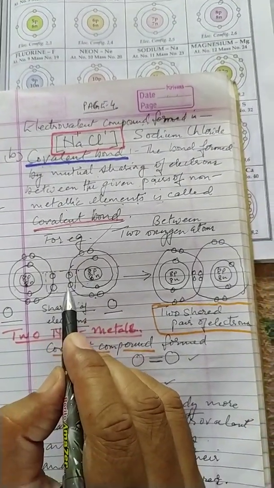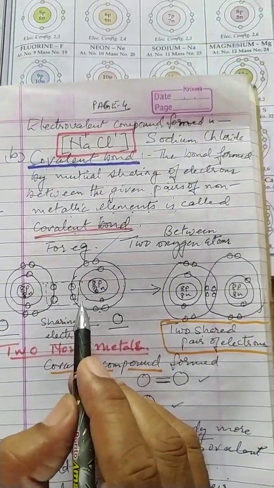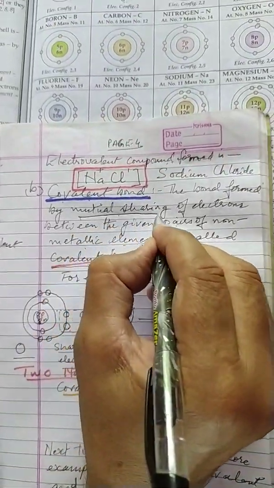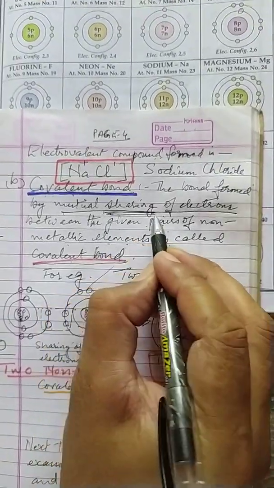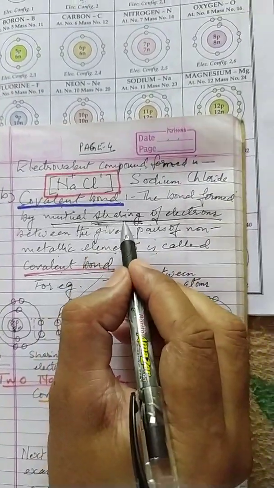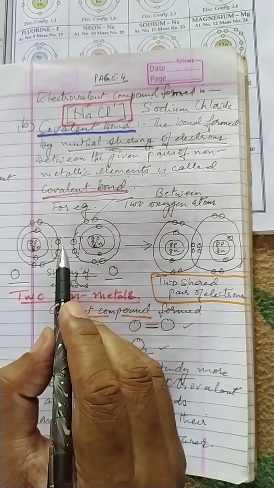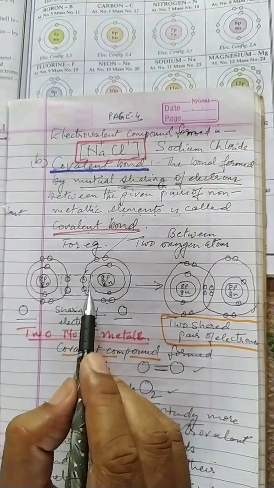And also there is another pair which is being shared between this oxygen atom and this oxygen atom. So the key word here is mutual sharing of electrons. What is the key word here, children? Sharing. So in covalent bond, there is a sharing between the electrons of 2 non-metallic atoms.